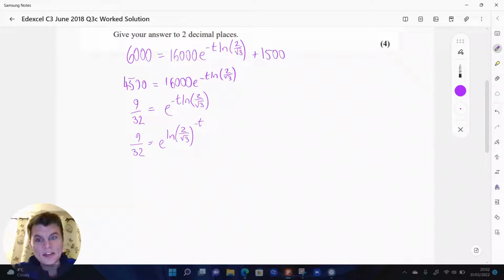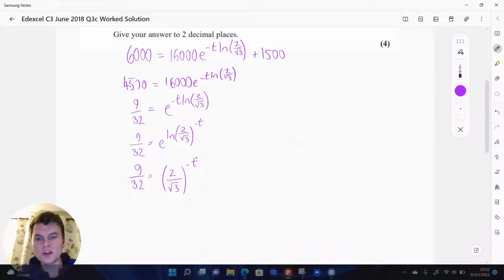Now that allows us to effectively cancel out the e to the ln. So we have 9 over 32 equals 2 over root 3 to the power of minus t.